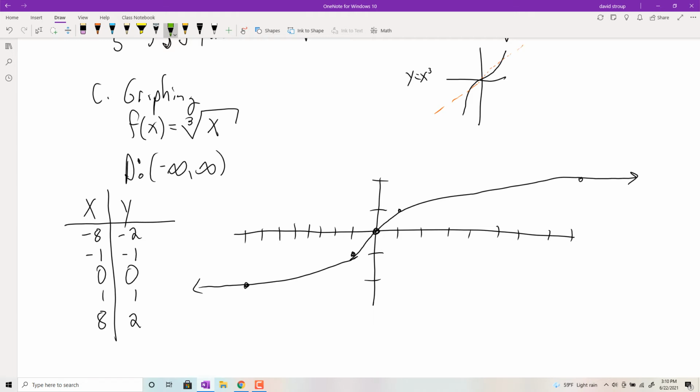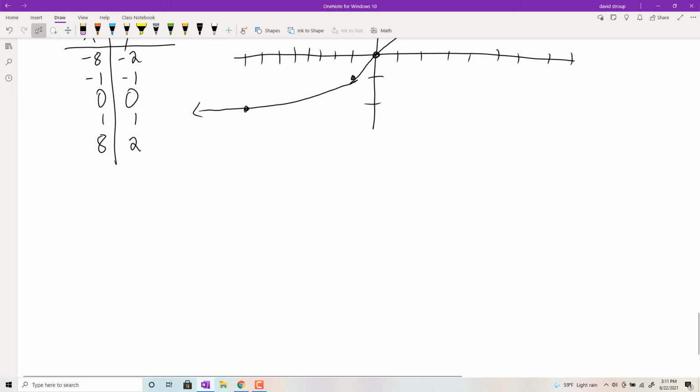So what you end up with is the cube root function, which is basically what I just graphed there. So this would be the cube root of x. You just do a rotation about that line, y equals x. But there it is in all of its glory.